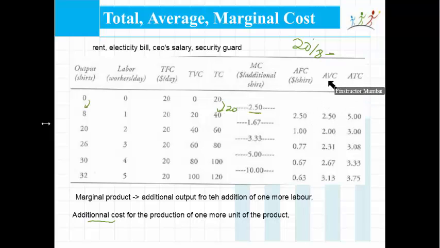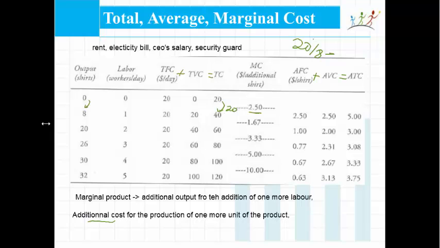Average variable cost comes out to be again 20 divided by 8 equal to 2.5. Average total cost comes out to be the total cost, that is 40 divided by 8 equals to 5. You can also note that the total fixed cost plus the total variable cost equals the total cost. The average fixed cost plus the average variable cost is equal to the average total cost.